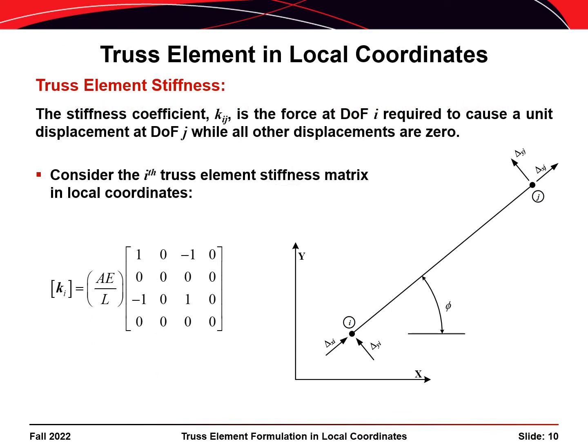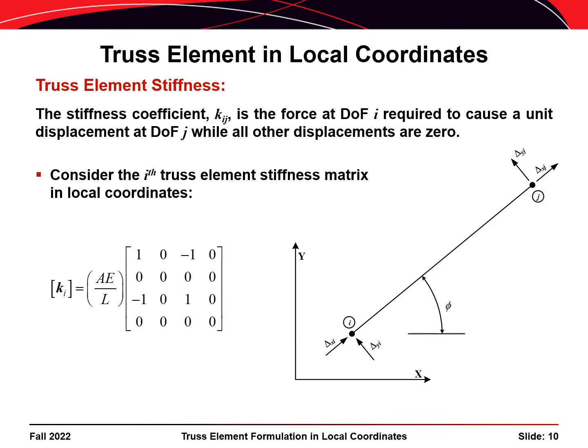There are advantages and disadvantages associated with working in either the global coordinate system or the local coordinate system. One of the advantages of working in the local coordinate system is that it's easier to develop element stiffness matrices in the local coordinate system than it is in the global coordinate system. Shown on this slide is the element stiffness matrix for a truss element developed in the local coordinate system.